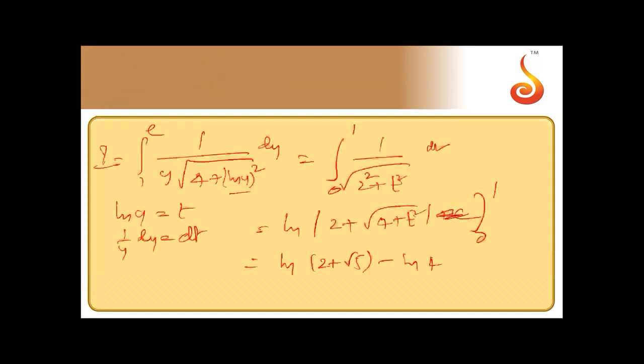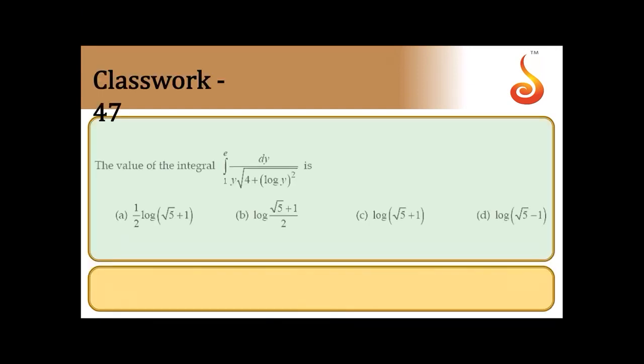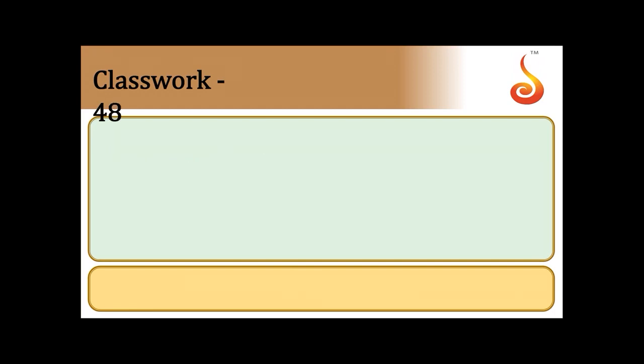Let me check this one. Yes, it is logarithm of 1 plus root 5 minus log 2, that is equal to logarithm of root 5 plus 1 by 2. So the answer is log of root 5 plus 1 by 2, of the option.